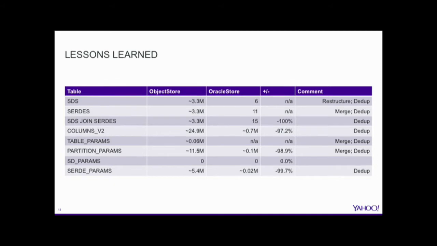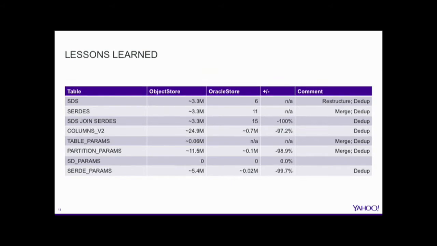We can do the exact same types of analysis on the remaining tables, and we find, again, very significant reduction in the amount of data that we're storing. The table params and partition params can be merged together and reduced by 99%. The Surday params can be reduced by 99.7% down to just 20,000 records.